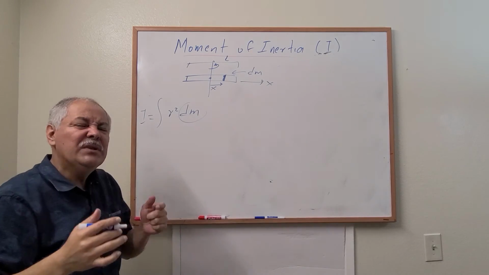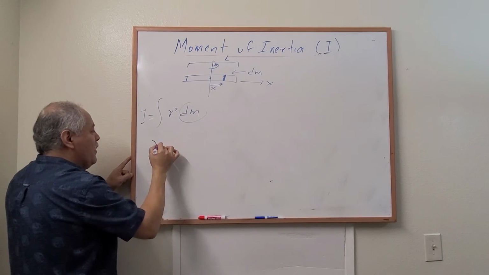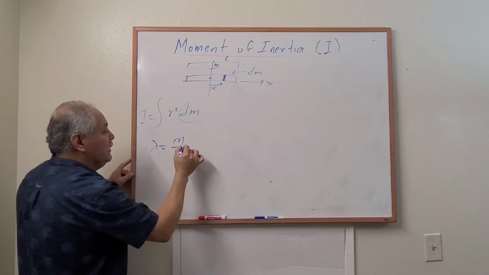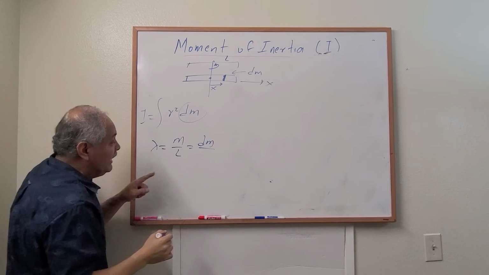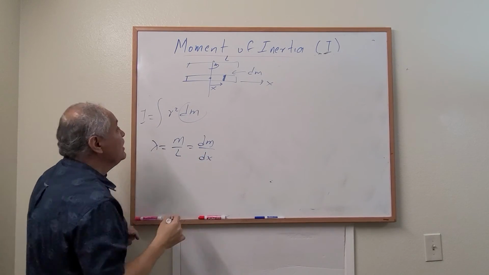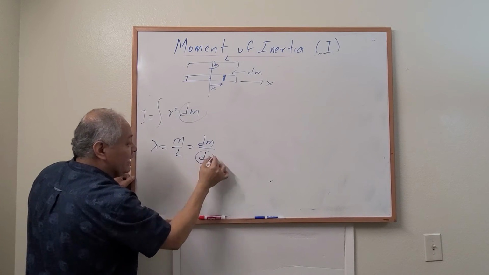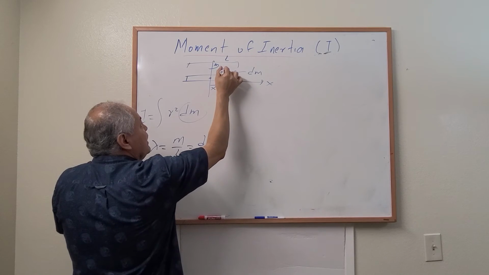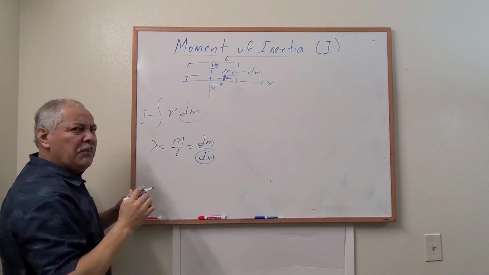And because we're dealing with density, linear density is equal to mass over L, which is equal to dm over the element of length. In this case, dx. So we need also to represent the dx. What should be dx? Well, it's going to be this thickness, dx. Now we have all the quantities.